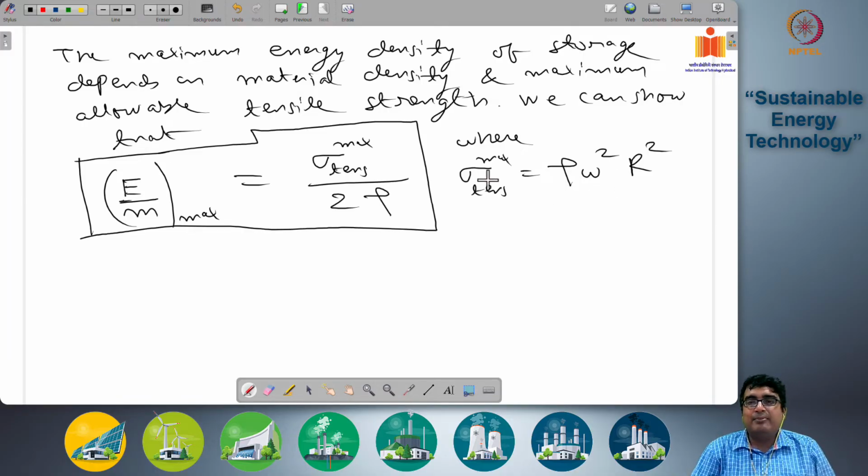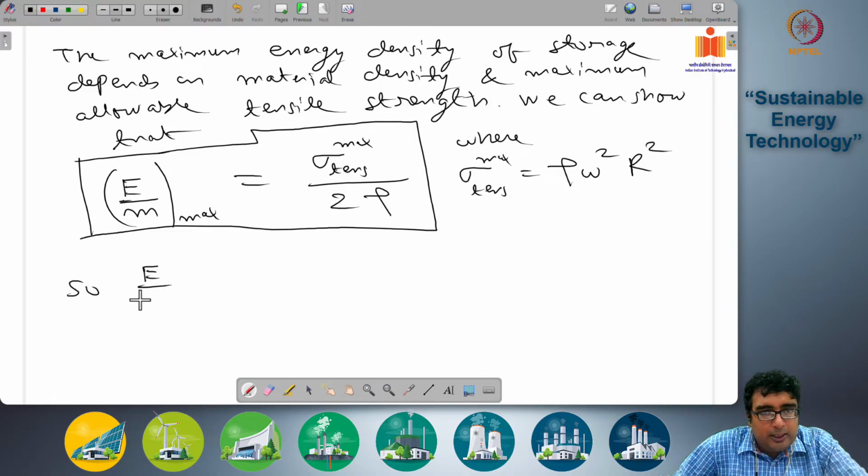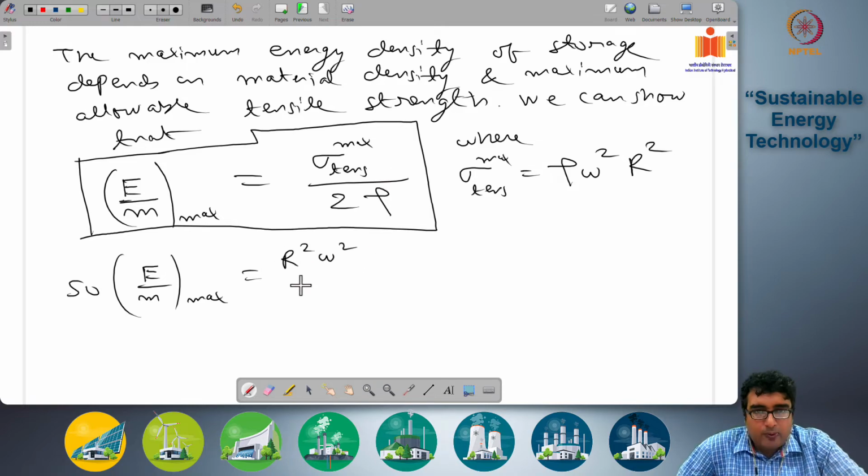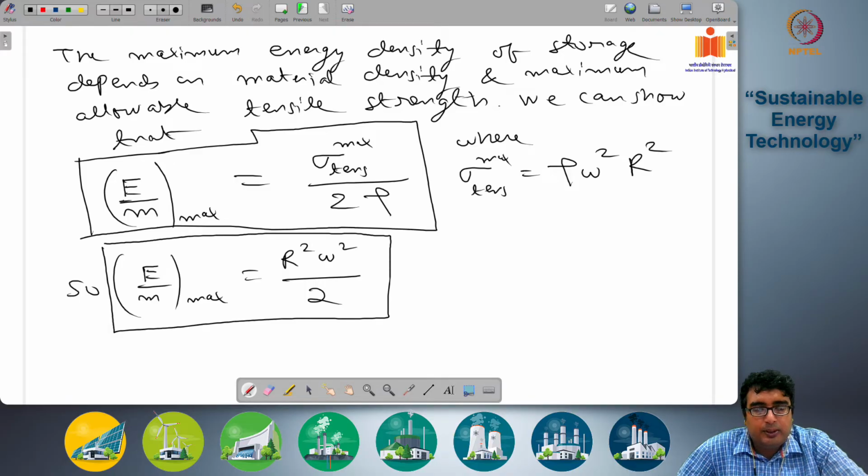Okay. The maximum tensile stress, whatever the value is, will be given by rho into omega square r square, as we discussed before. Okay. So E by m max, we can put rho omega square r square here, equals r square omega square by 2, or it can equal this term also, the rim radius and the rim omega.